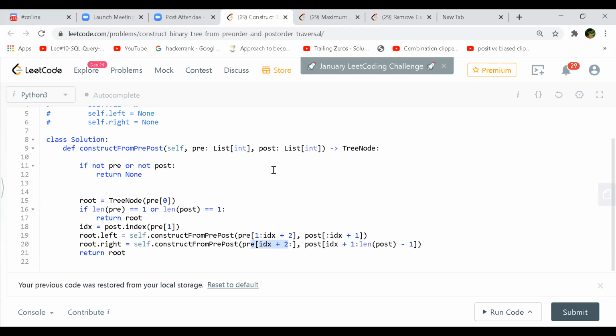So here also you see in your post order, in the right subtree, you only go to len of the post minus 1. And you are creating a list every time, and then shortening the list for the post and pre-order, reducing the search space every time.